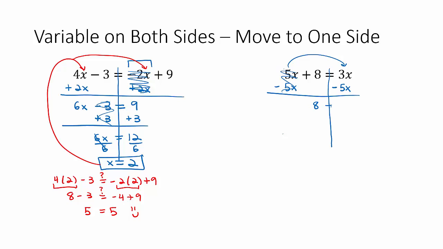That way we're left with 8 equals 3 minus 5 is negative 2x. Now it's really clear what to do. Negative 2 times x, we undo multiplication by dividing both sides by negative 2. And x is equal to negative 4.